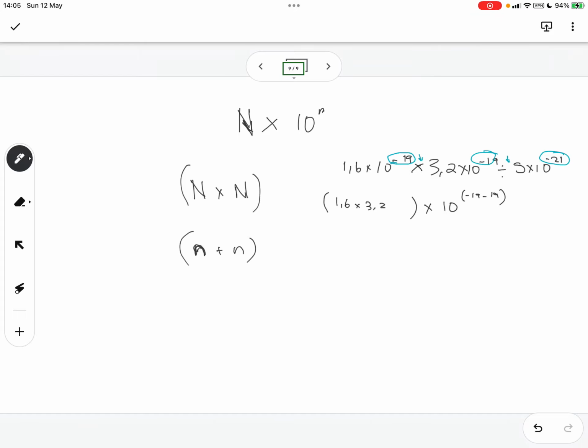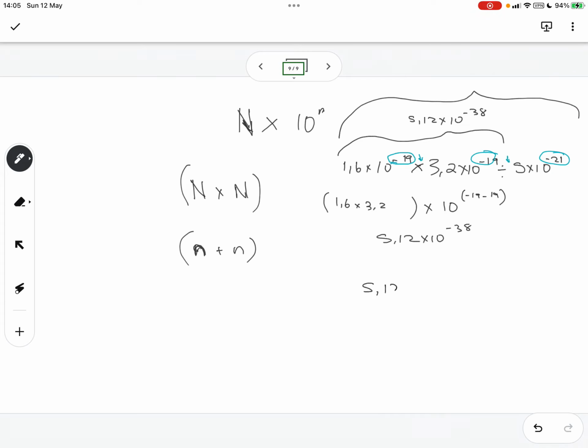So it's going to be 1.6 times 3.2, which is going to give us 5.12 times 10 to the negative 38. And that's this part. This is 5.12 times 10 to the negative 38. And then to do the whole problem, it's going to be this divided by that.